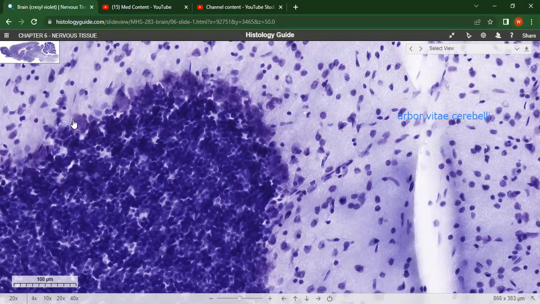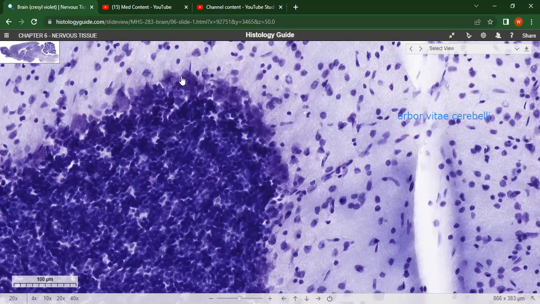You remember the volumetric flask? Its dendrites arise from the neck and pass into the molecular layer. This is the outer molecular layer. Now, this layer made up of Purkinje cells is the Purkinje cell layer.